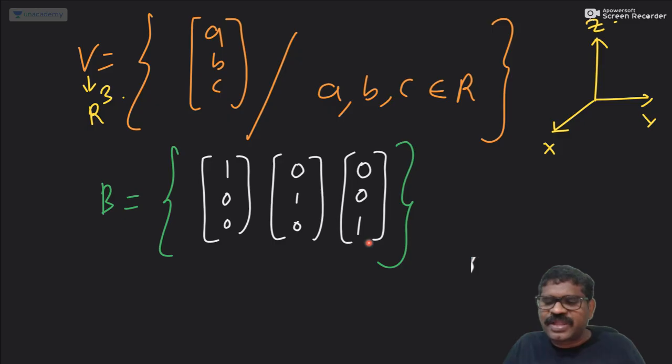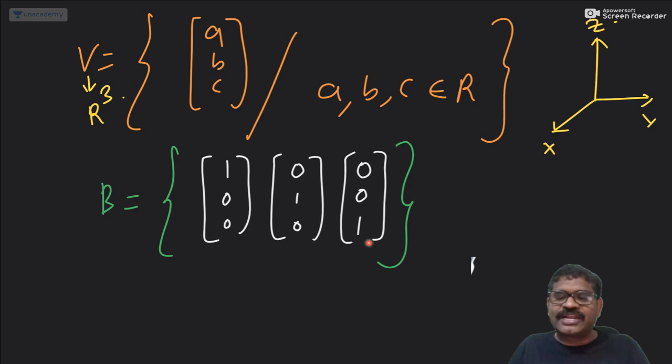Yes, i cap, j cap, k cap, I mean x, y, z. Fourth dimension is time. Like that you can create a basis for four-dimensional space. Four base vectors are required. Here I have taken three base vectors in one set.